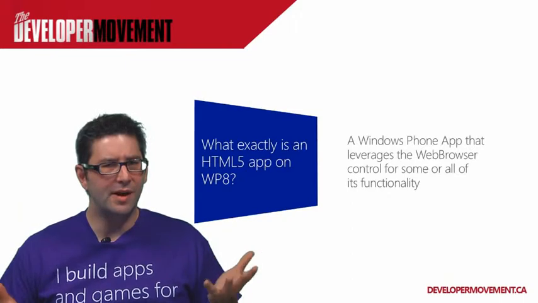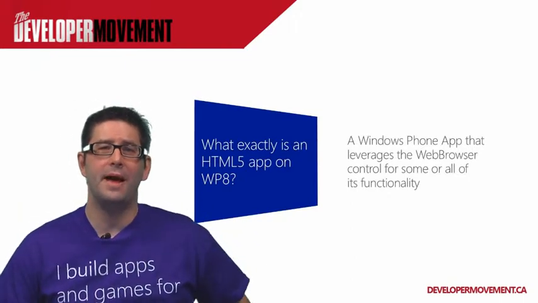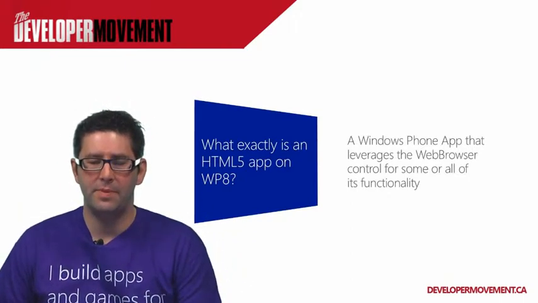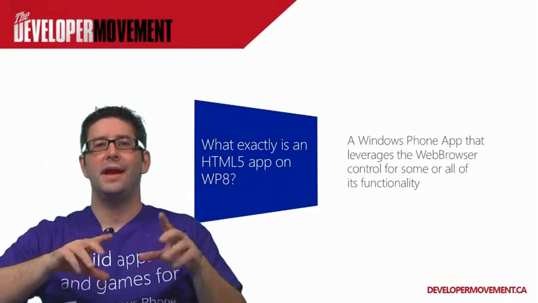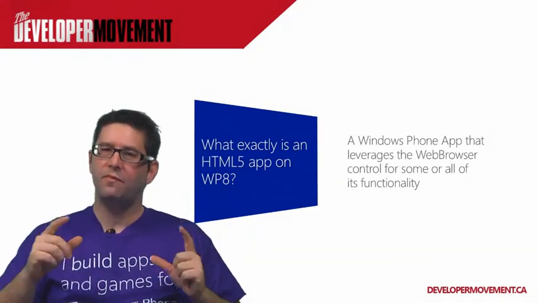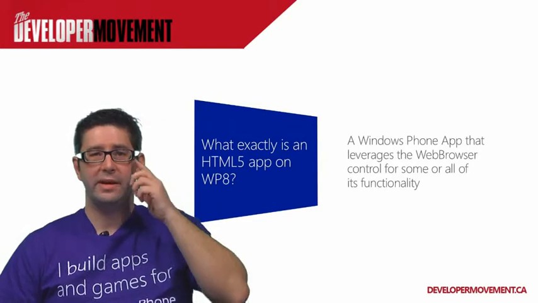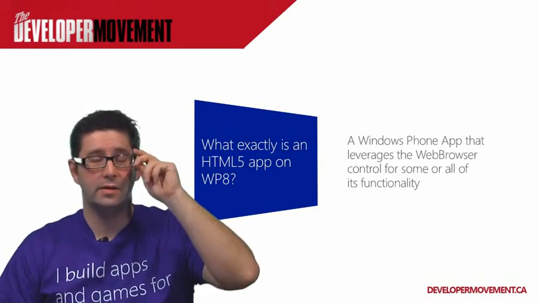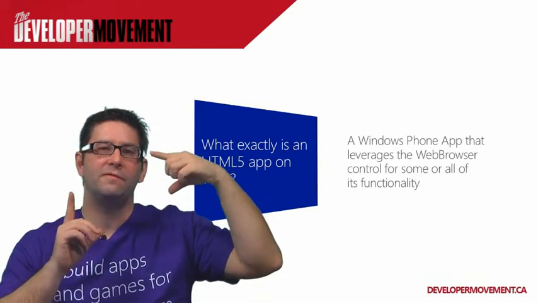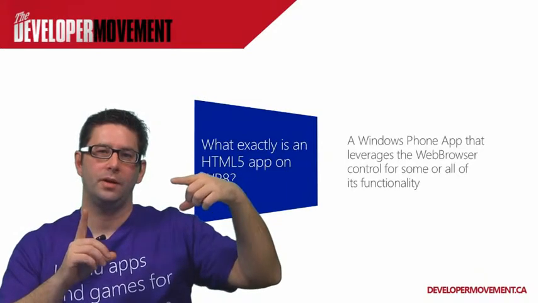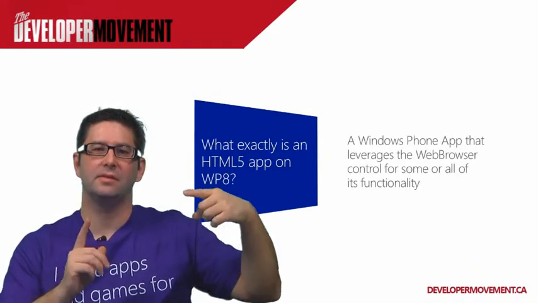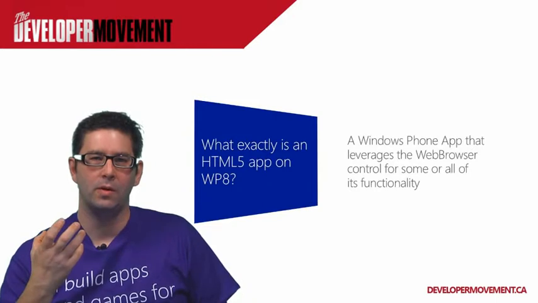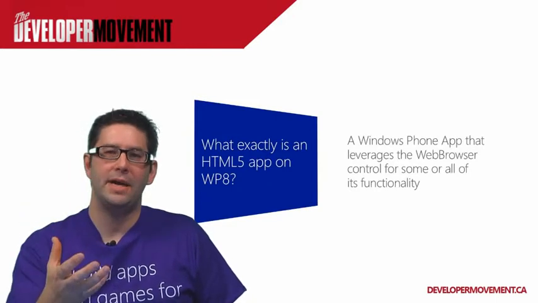Well, I alluded to this a little bit in the past few minutes, but basically you have a native wrapper, so you have code that is native, like C# or VB and XAML, for example, or even C++ if you wanted to technically. And in that XAML, you've defined a web control, which is basically a browser embedded into the XAML that your web page will actually exist in.